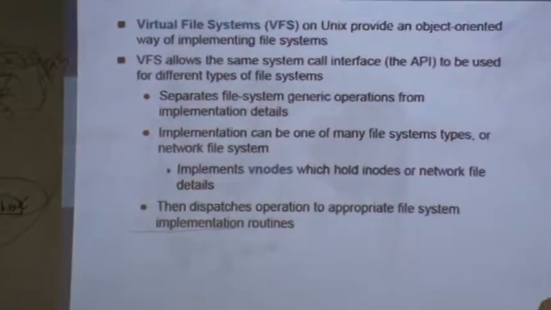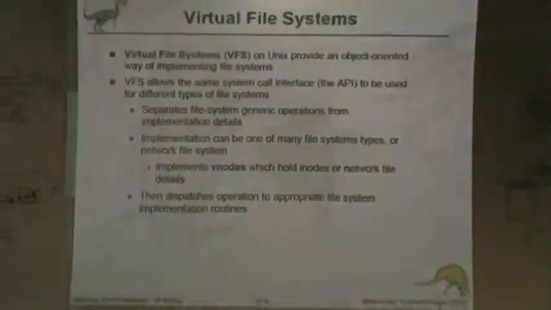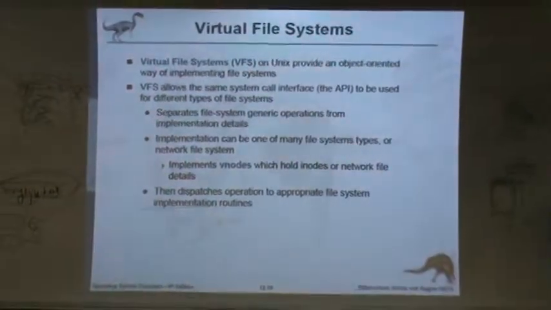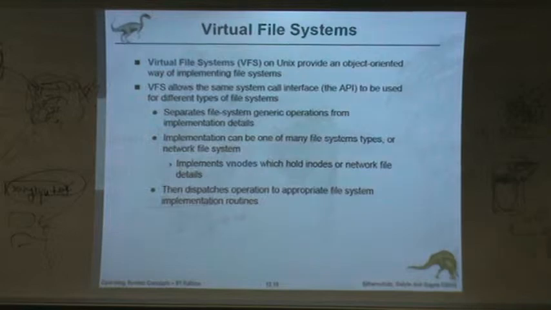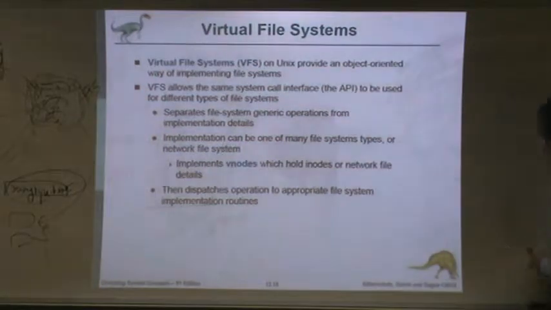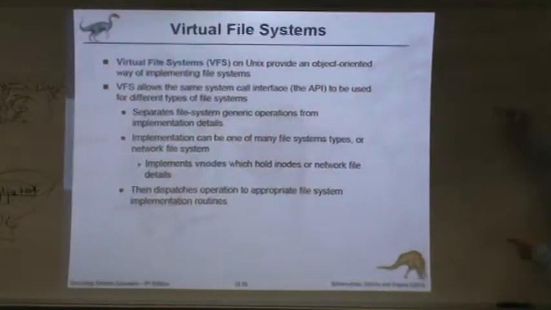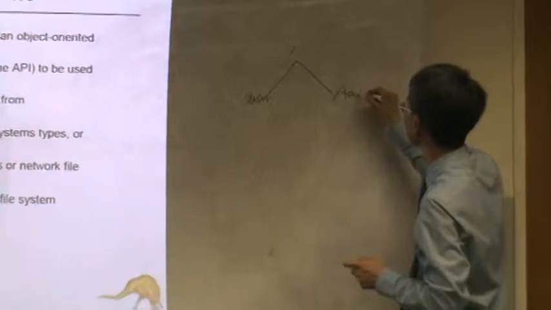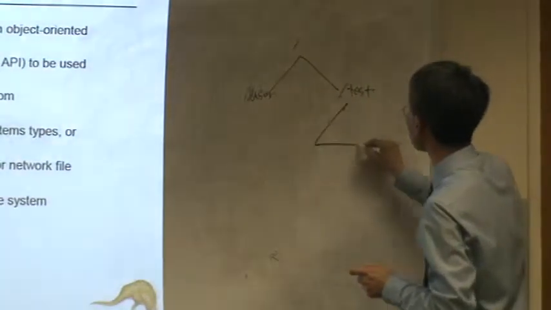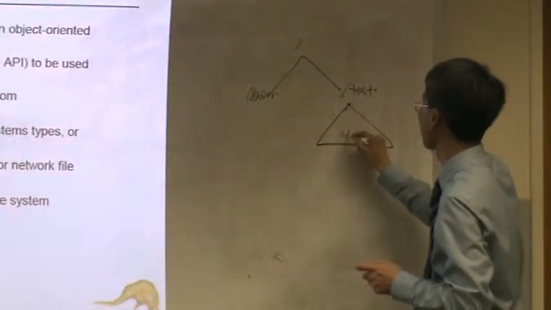And then virtual file system means, as I said, we have many operating systems. Like we have the root, and this is the user. This is the test. This file system is based on ext.